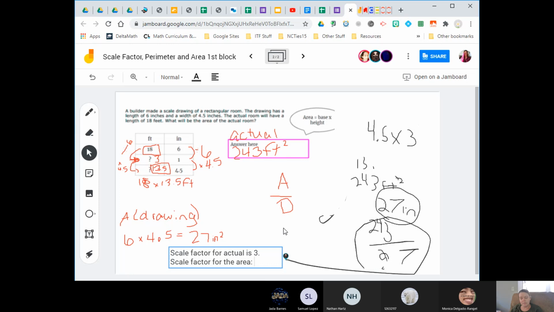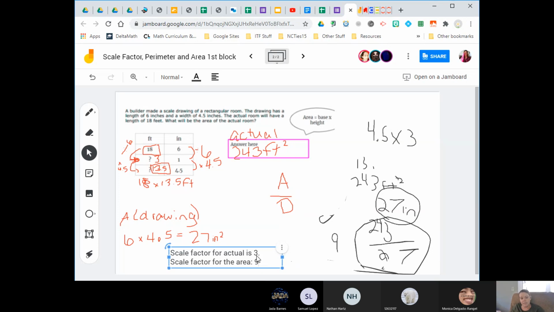All right, Nathan, when you simplify 243 over 27, what number do you get? You get 9 because 243 divided by 27 is 9.